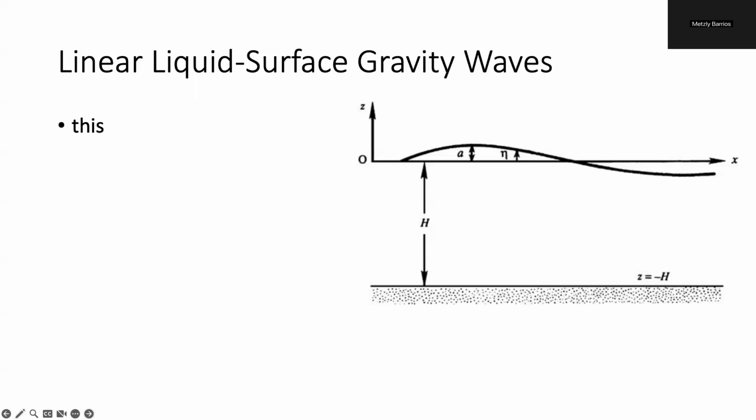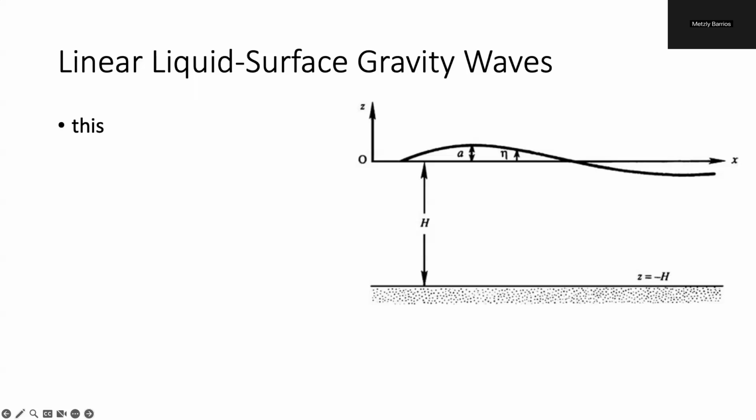So this is 0. This is A, and also eta, just like we saw before. This is the surface. This is H, going in that direction, and this is Z. This is X. X and Z, 2D. Y doesn't exist anymore.